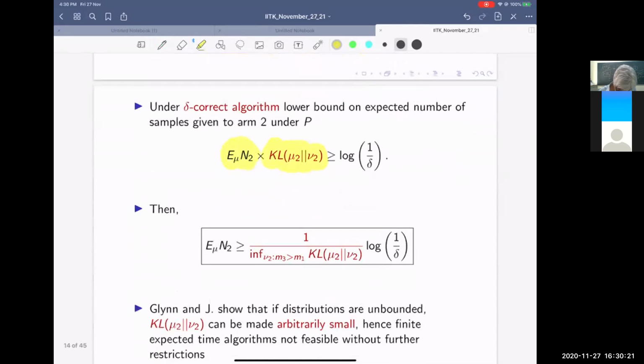This tells you that this expectation must be greater than or equal to log 1 by delta times 1 upon the Kullback-Leibler between mu2 and nu2, over all nu2 where the mean is bigger than M1.